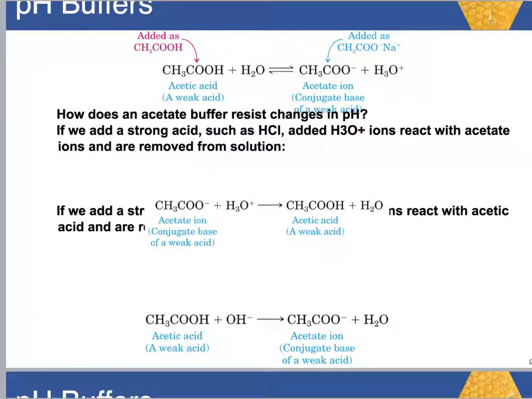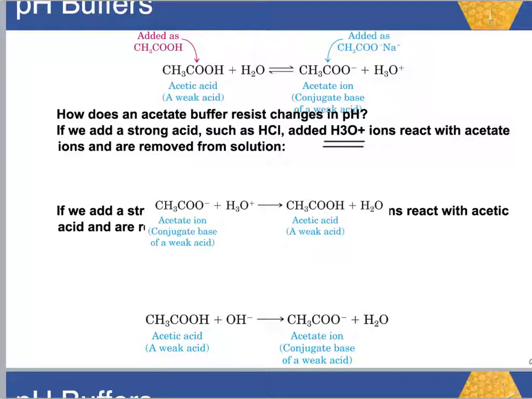So here is acetic acid, and when it's in water, remember it's a weak acid, very little of it is going to dissociate into the acetate ion and hydronium. If I add a strong acid, though, such as HCl, the added H3O ions from the HCl react with the acetate ions and are removed from solution.